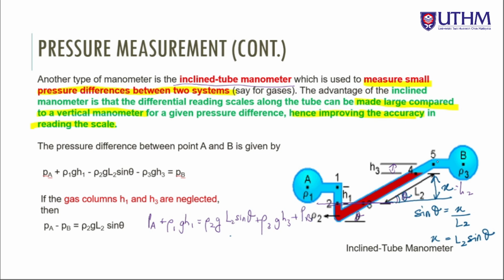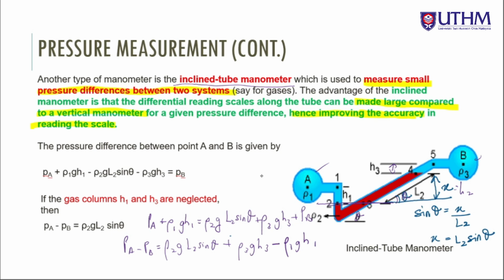So the pressure difference between A and B, kita rearrange lah. PA minus PB equals to, kita salin balik, rho 2 G L2 sin theta plus rho 3 G H3 minus rho 1 G H1.